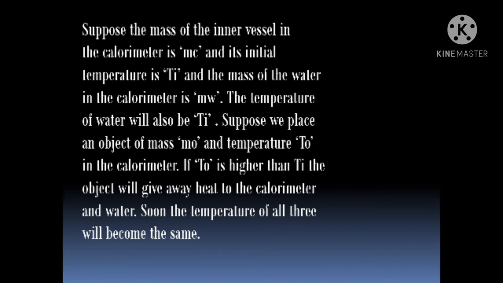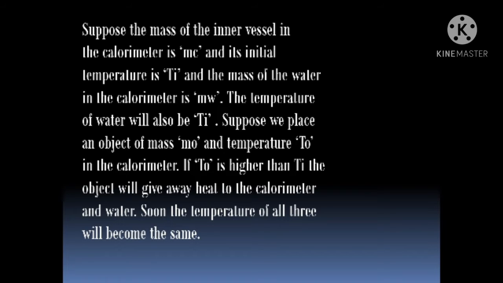So students, now let's suppose the mass of the inner vessel in the calorimeter is denoted by Mc. M stands for mass and C is the copper vessel inside the calorimeter, and its initial temperature is denoted by Ti, and the mass of the water in the calorimeter is Mw.